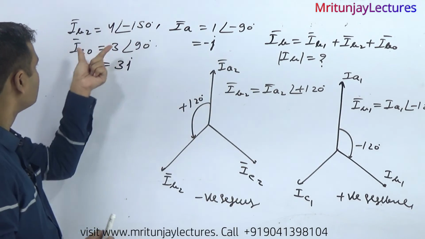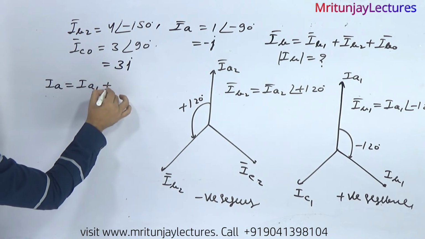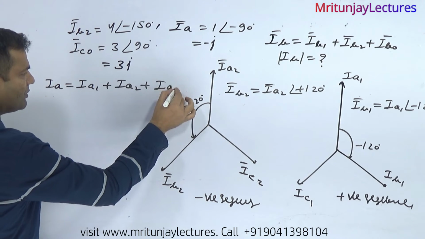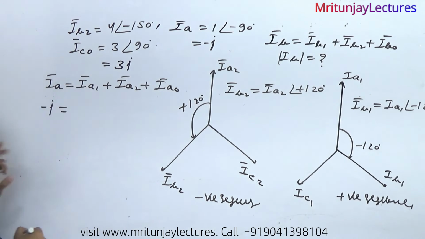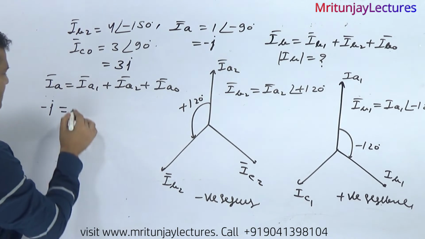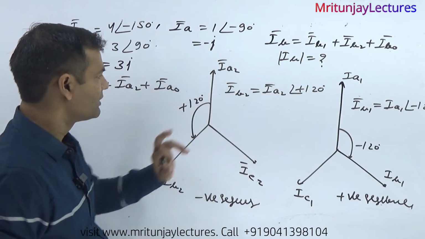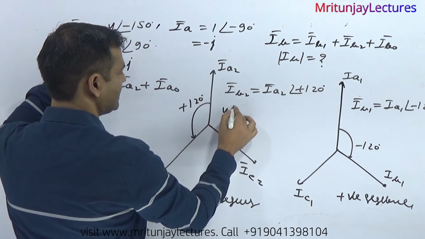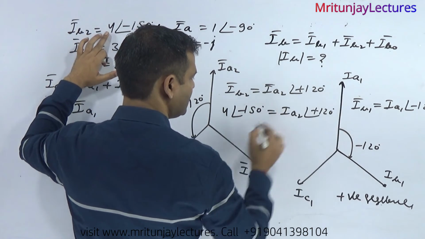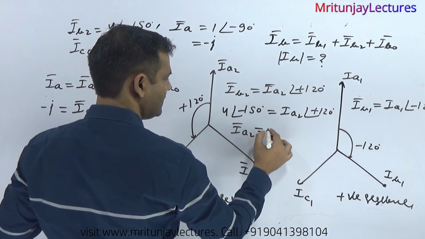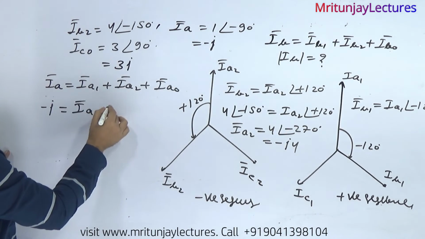Now according to the question, IA means IA1 plus IA2 plus IA0. IA is given as 1 at the angle -90 degrees, which means -j. IA1 is unknown. IA2 is determined with the help of this relation: IB2 is 4 at the angle -150, and that is IA2 at the angle plus 120, so IA2 is 4 at the angle -270, which is +4j.